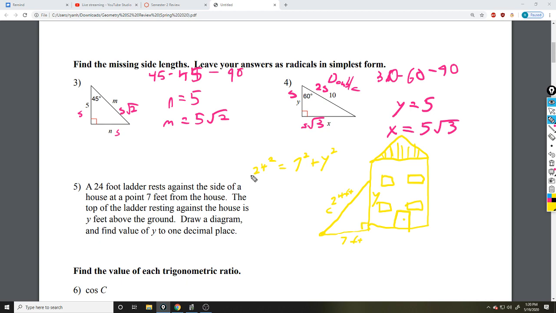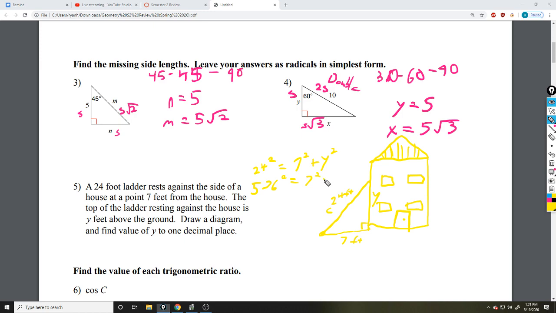And so what we're doing here is we're just using Pythagorean Theorem to solve for the part we don't know. If you got a right triangle and you know two sides and are trying to figure out the third, then you'll want to use Pythagorean Theorem. This is 576.